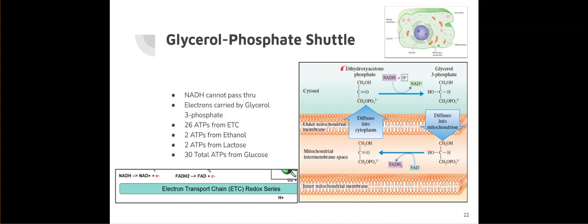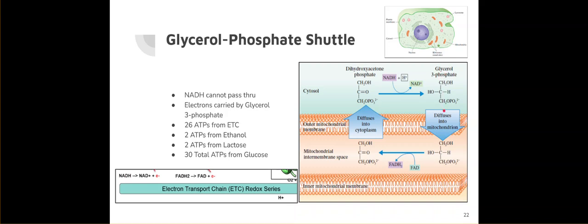So what we have here is, in the cytosol, a dihydroxyacetone phosphate, and this will oxidize a NADH to NAD plus, and you will lose that double bond oxygen, and you will get the two hydrogens put onto here. So you get the hydrogen off of the NADH, and another free proton gets combined right here into this molecule. This is a glycerol 3-phosphate.